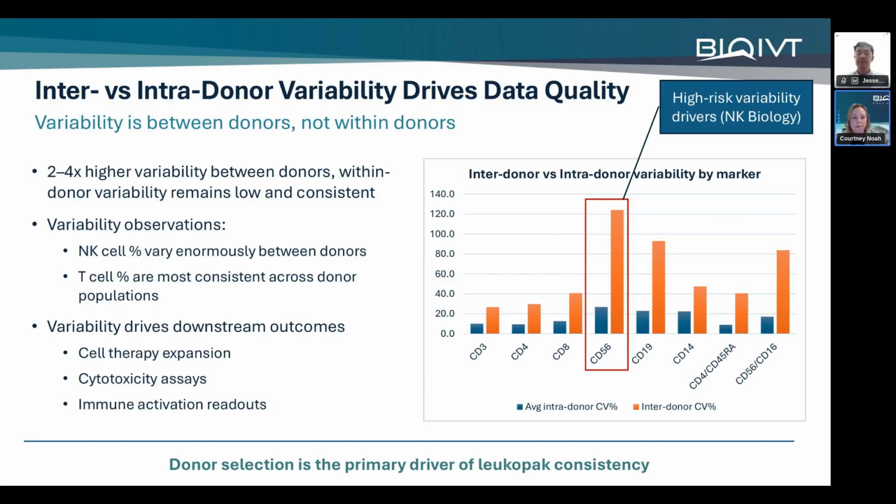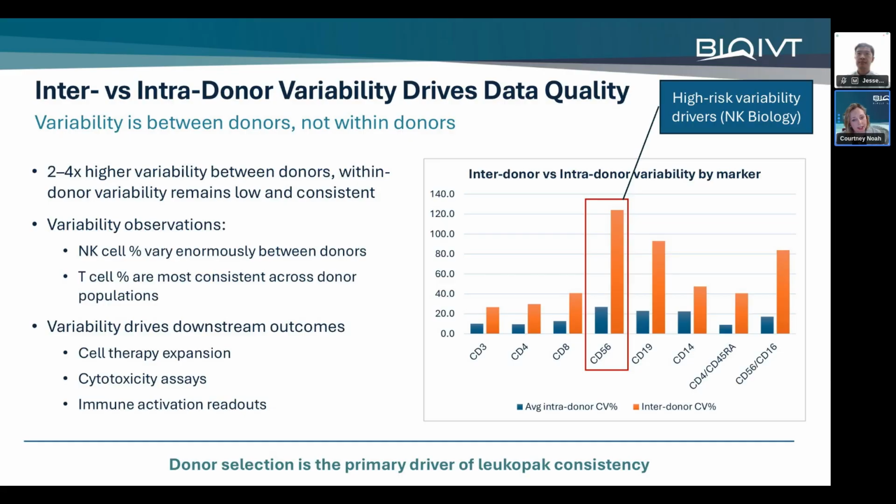There are differences that you can see across donors, but we also wanted to dig into what types of differences we see within donors. And when we compare that, it's pretty striking that when we look across donors, we see very high variability, and it is most prevalent when you look at NK cell levels, where we see the widest difference between donors.